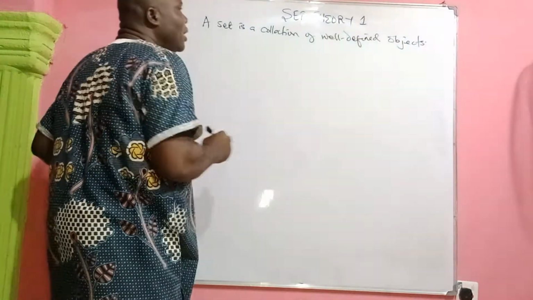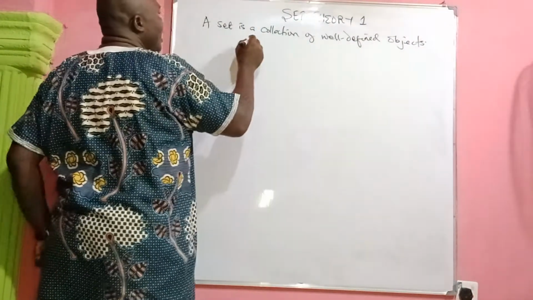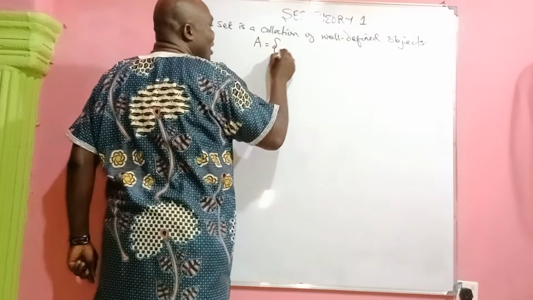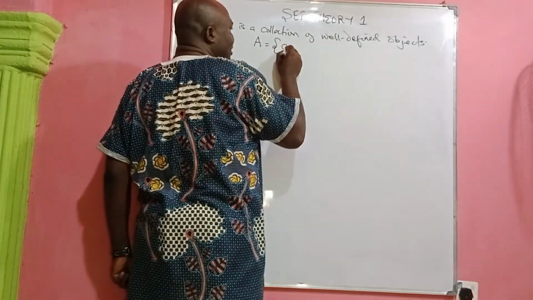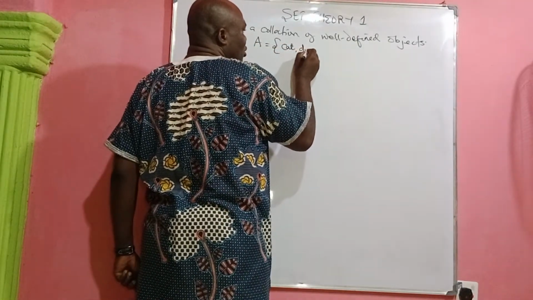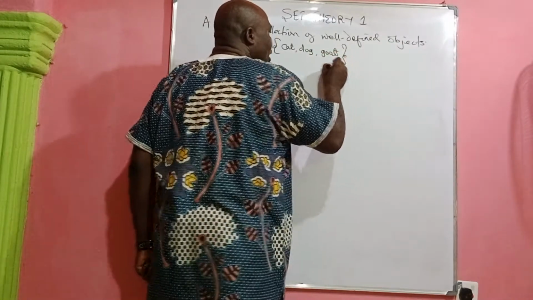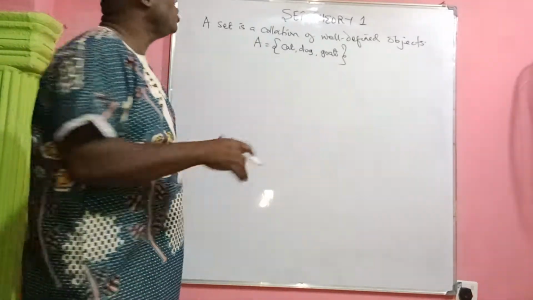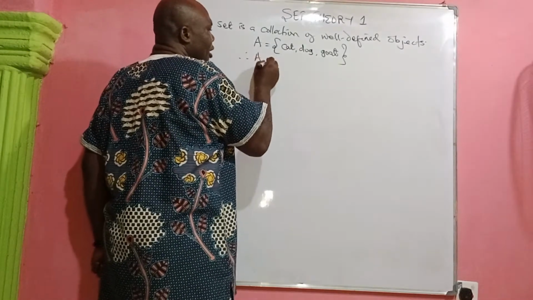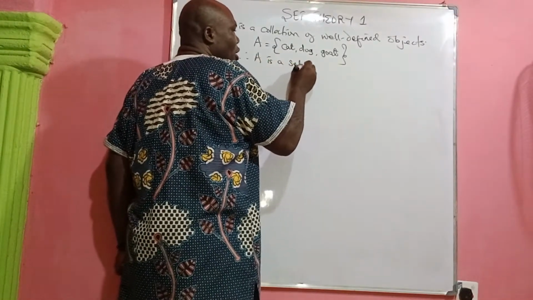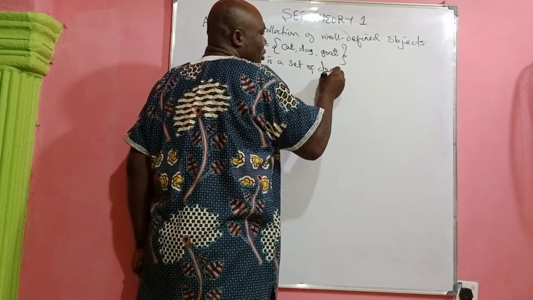Now, take for instance, if you have A as the set of elements and you have in the set a cat, dog, goat, all right? Now you can reasonably conclude that A is a set of domestic animals.